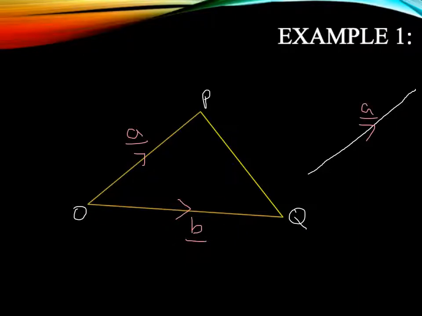Now, if I wanted to get from, let's say, P to Q, so from here down here, well, rather than expressing this as a new vector, is there an alternative way I could have gone from P to Q? Well, yes, there is. I could have gone along here and then along here.